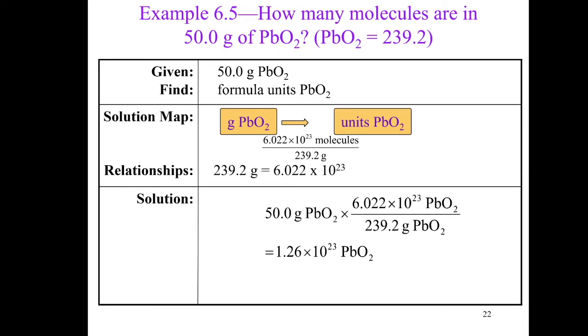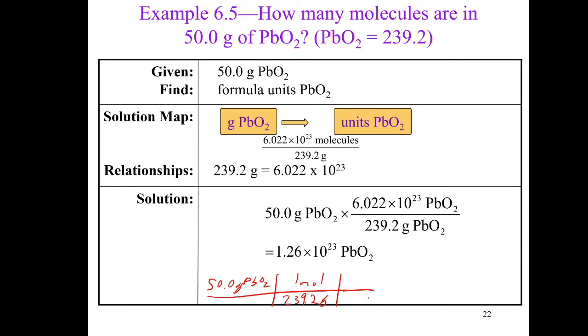To be realistic, I'm probably going to do this in 2 steps. So I would start with the 50 grams of the lead 4 oxide. I use the molar mass to go from grams to moles: 239.2 grams per 1 mole. My grams cancel, so now I'm in moles of lead 4 oxide.